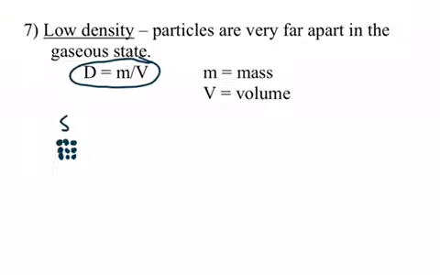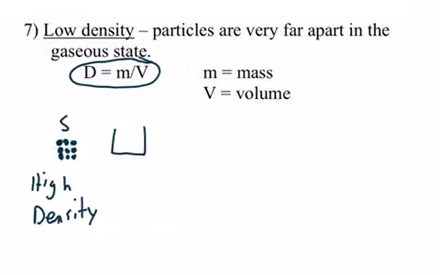So in a solid, you have a very high density. When a solid melts and becomes a liquid, let me draw a little container here, the particles are slightly scattered, just a little bit. Okay, so in the liquid phase, they have more of a medium density, they're not as dense as a solid. Notice in a solid, everybody's nice and compact, very, very dense.